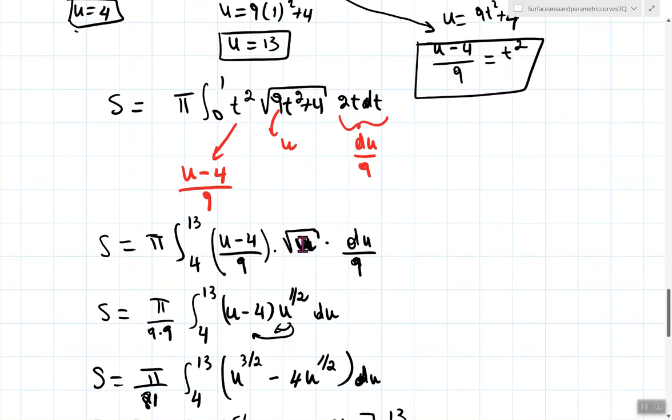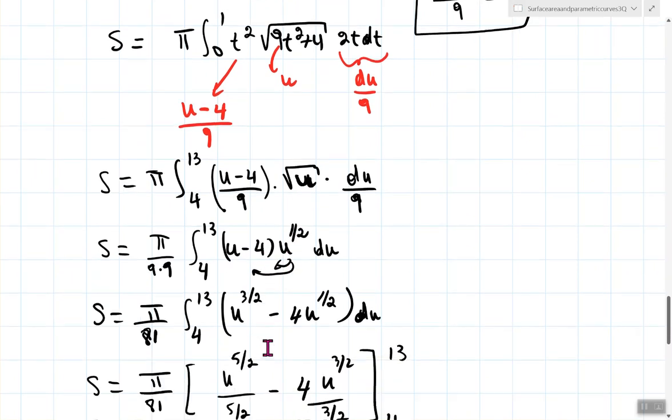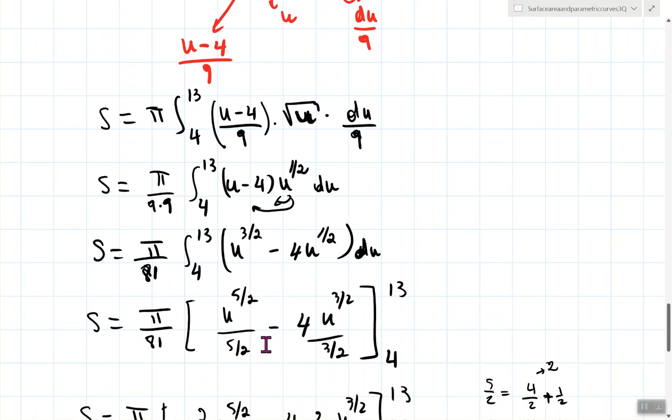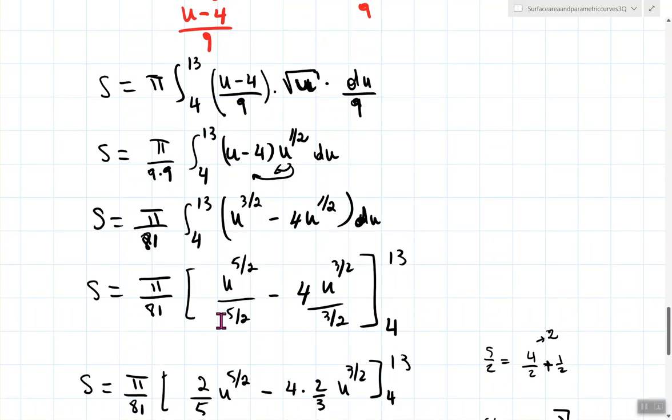Change square root of u to u raised to a half. Do the distribution of u to the 1/2 times u minus 4. And then we end up with u to the 3/2 minus 4 times u to the 1/2. The 9 and the 1 over 9 we bring outside, so we get pi over 81 times. When you integrate u to the 3/2, you get u to the 5/2 over 5/2.